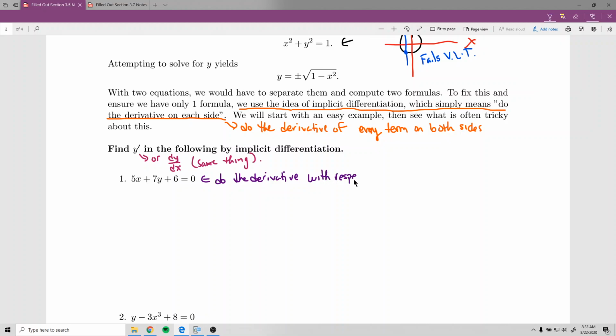And this is a detail that may have been brushed over prior because we didn't have a choice here. So I'll just explain why as we go through it. Do the derivative with respect to x of each term on both sides. So do implicit differentiation is really what we're saying. For the exact reason I described above, it's not solved for y.